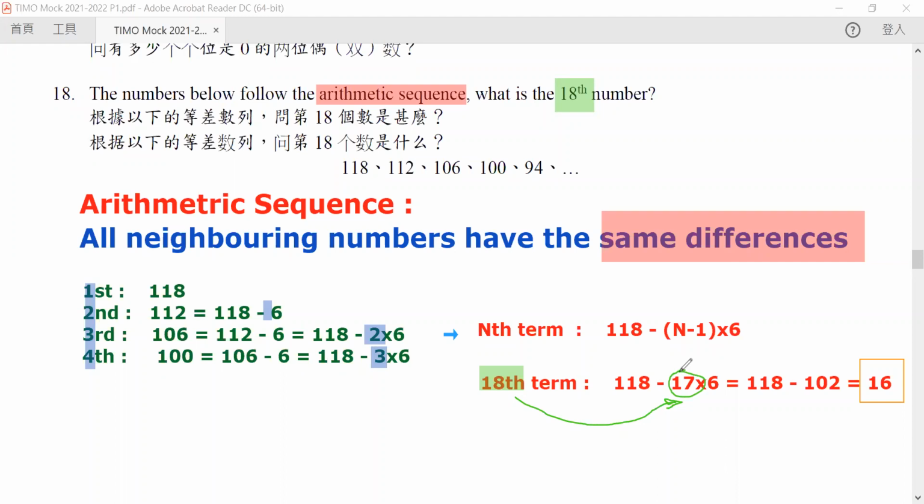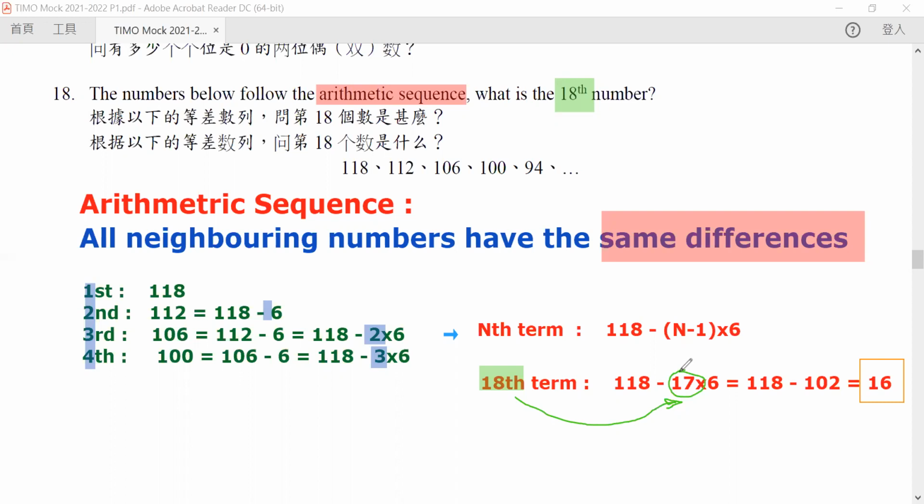For our second term, you need to subtract 1 common difference. For our third term, you need to subtract 2. And for the fourth term, you need to subtract 3. And hence, by this logic, for our 18th term, you need to subtract 17 common differences, which is 6.